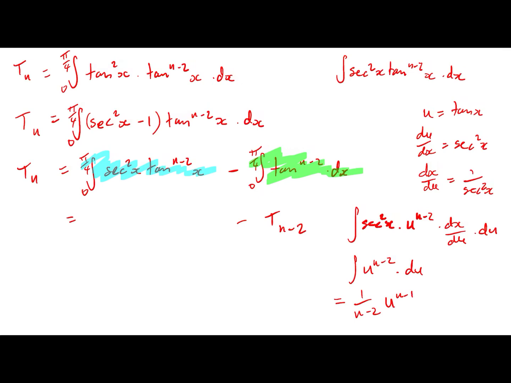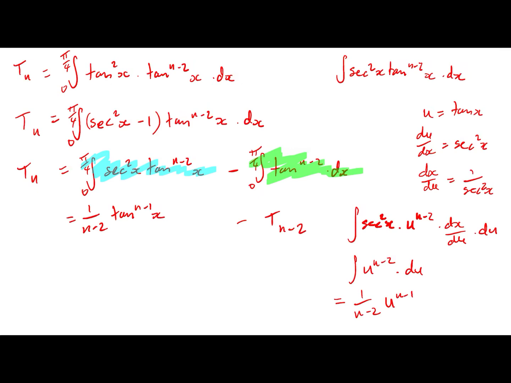Okay, which is equal to 1 over n minus 2 tan to the n minus 1 of x, okay, minus T of n minus 2.